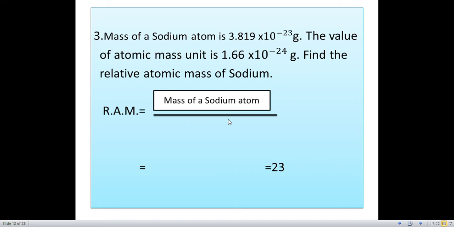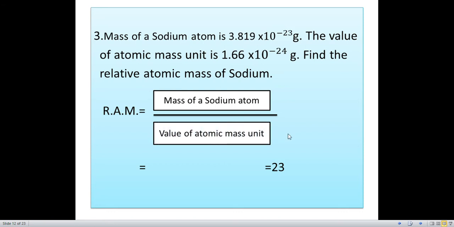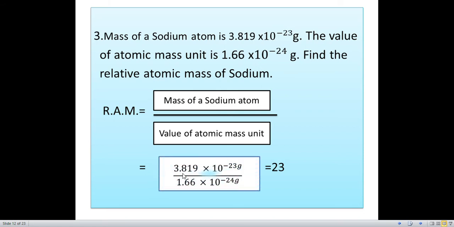And here the mass of carbon atom, or value of atomic mass unit. What is the mass of sodium atom given in the question? 3.819 × 10^-23. The atomic mass unit is 1.66 × 10^-24 grams. So if you simplify this one, you get the answer 23.